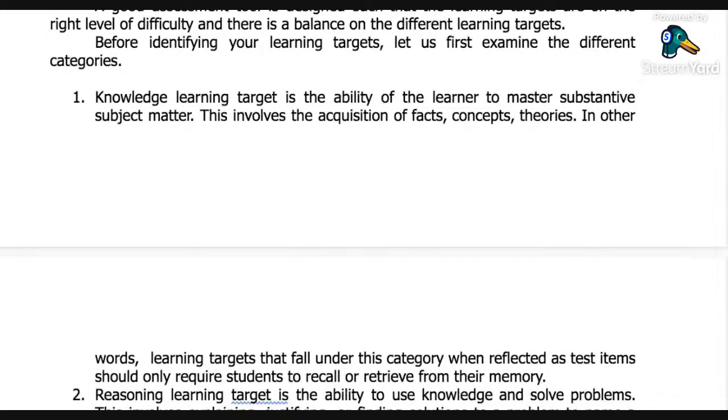And a test item example that would fall under knowledge would be: who is the 11th president of the Philippines? If that is the question, then you're just going to recall who is the 11th president of the Philippines.